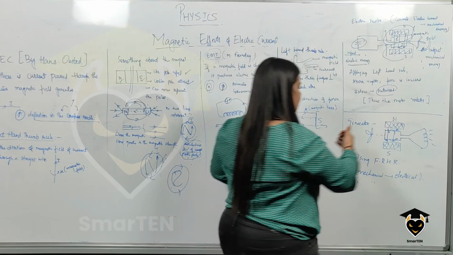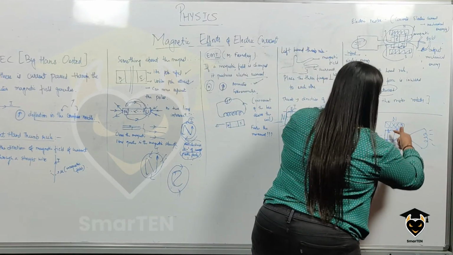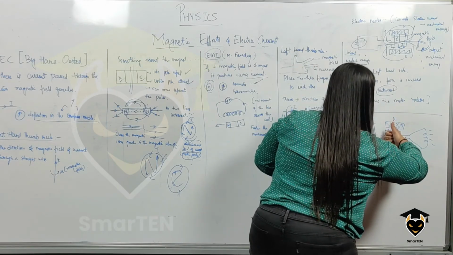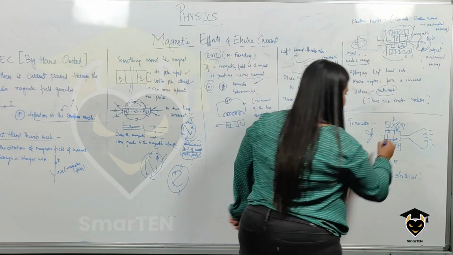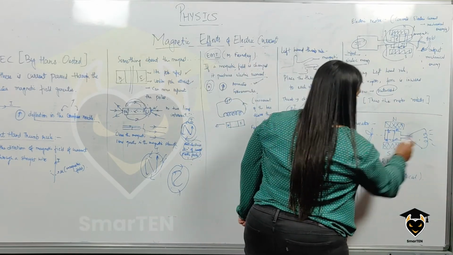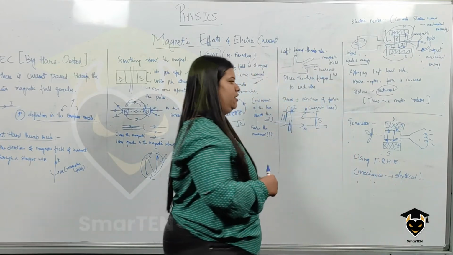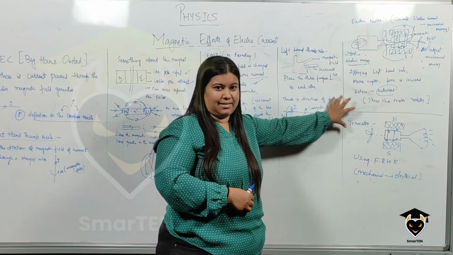I have to fold it like this, because the magnetic lines are coming from the top down, which means the current is in the upward direction. When there is current flow, the bulb starts to glow, and thus mechanical energy is converted to electrical energy. These are some of the important applications that they will be asking in the exam.